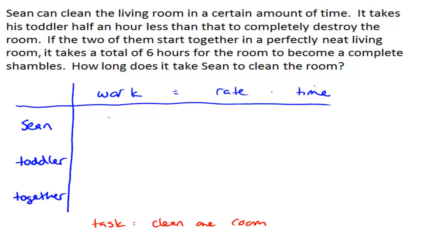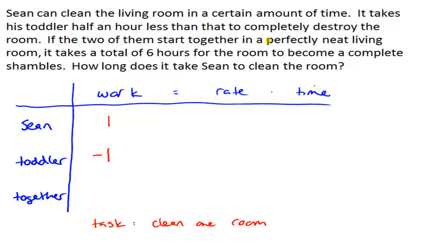So Sean's work when he's working alone is cleaning one room. And even though the toddler might think they're helping in cleaning one room, they're really destroying the room. So for consistency's sake, we can write that the toddler is uncleaning the room with a negative sign. Then when we look at the case of the two of them working together, we have to decide, are they cleaning the room together or are they essentially destroying it?